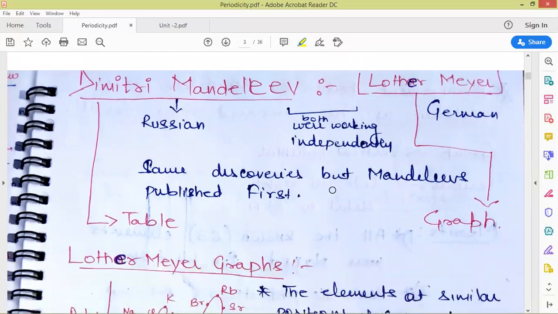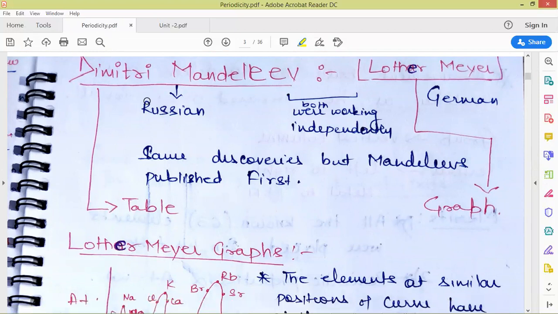They almost discovered the same thing, but Mendeleev published his work prior to Lothar Meyer. So he got the recognition for the development of the periodic table, which was widely accepted before the modern periodic table was introduced. Lothar Meyer gave the graphical representation, and Mendeleev arranged the elements in the form of a table.